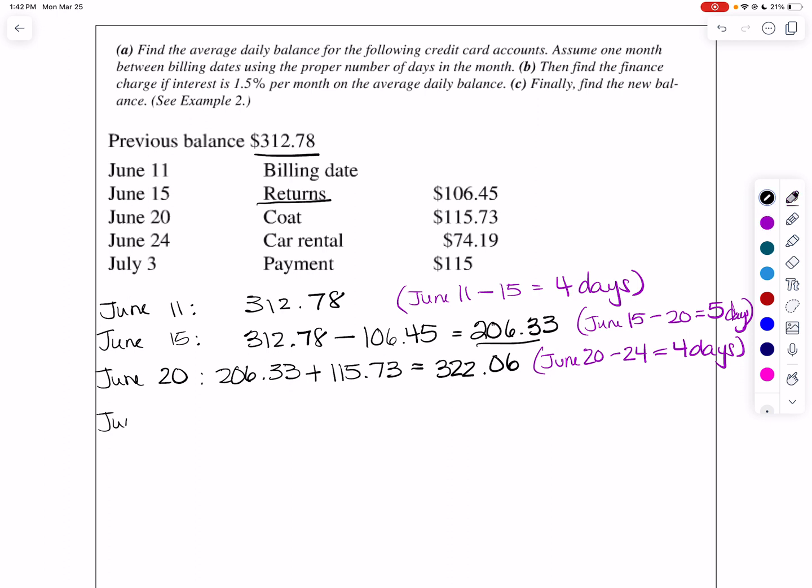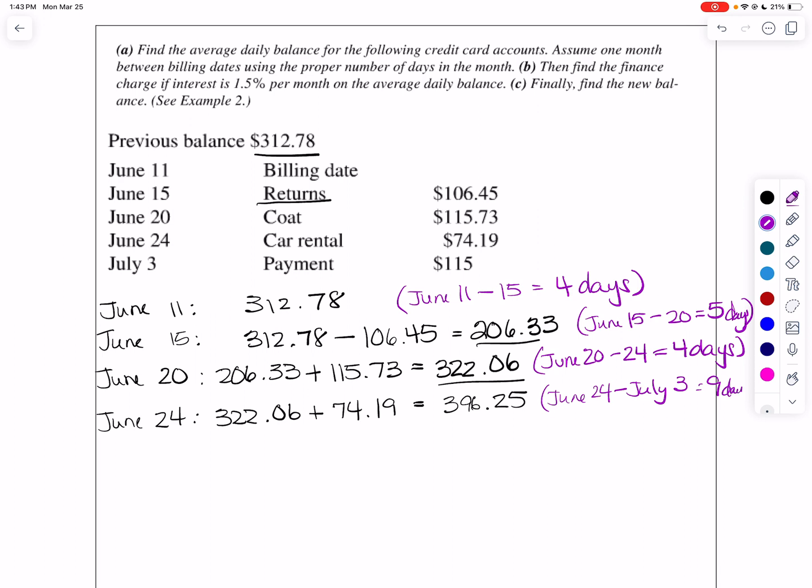And then June 24th, we take the last balance, $322.06, and we add the car rental of $74.19. And so now we have $396.25. And that stays in our account from June 24th to July 3rd, which is a total of 9 days.